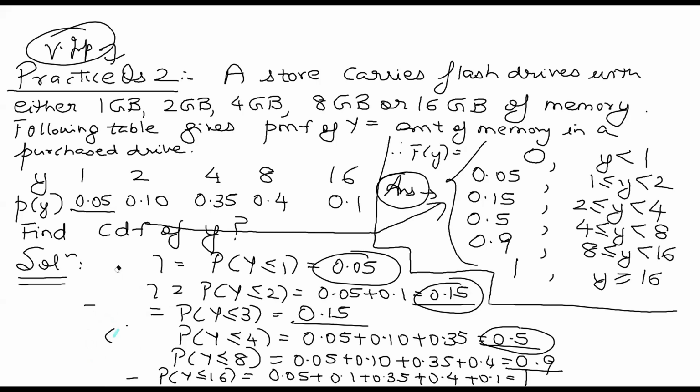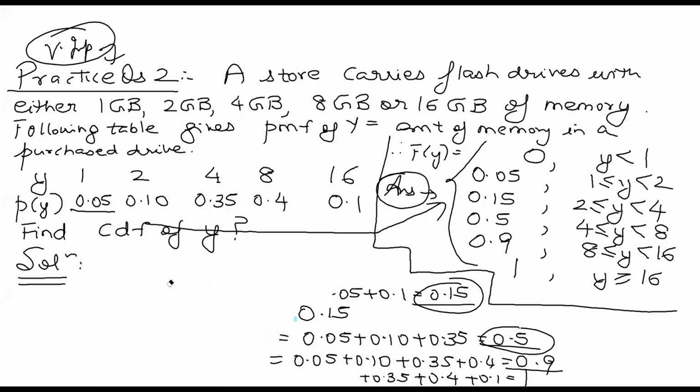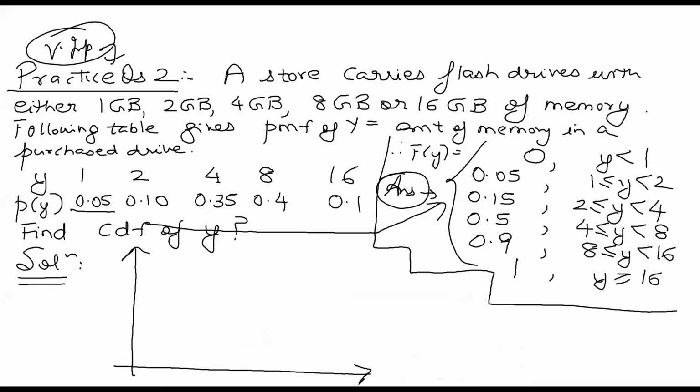So I'm erasing this part now. Let's see how the graph is going to look like. So we have y, we have f of y. Now this is my cumulative distribution function.